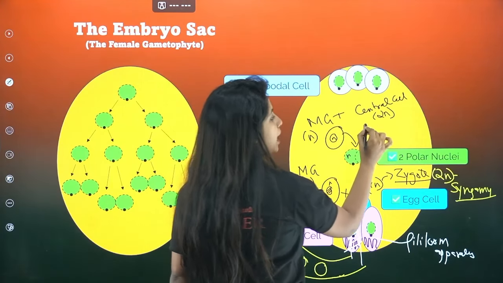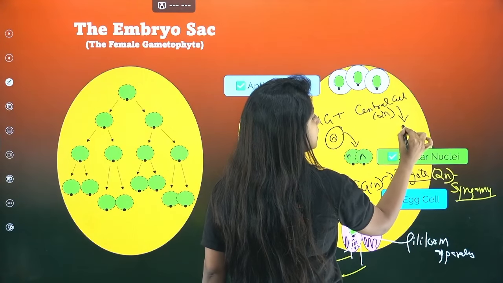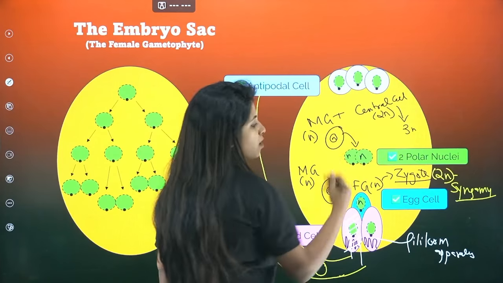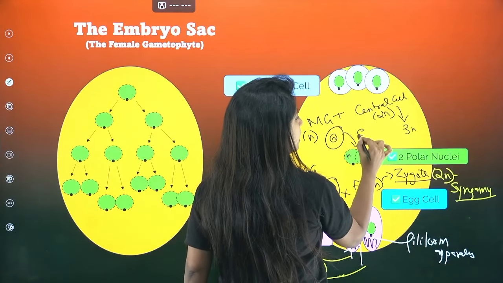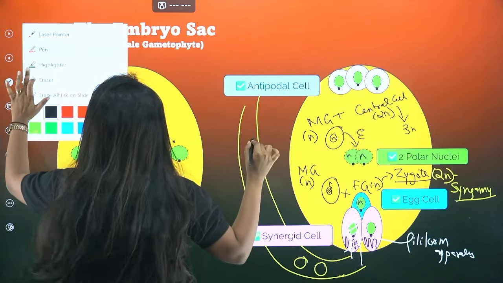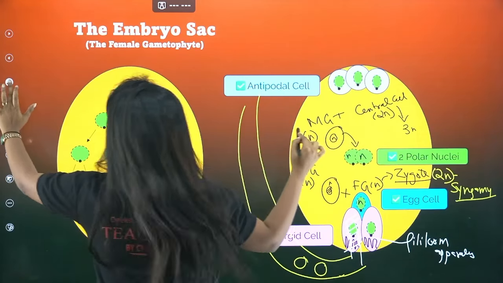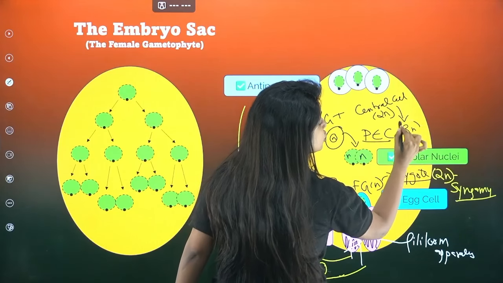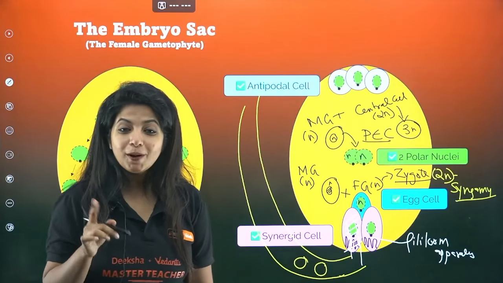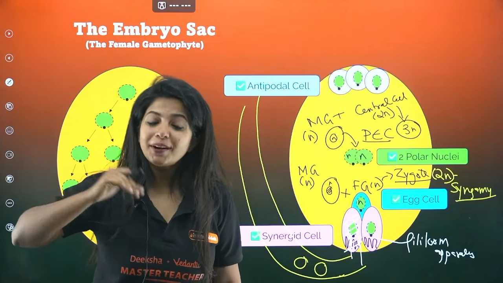Now n plus 2n will give rise to 3n. And what is this structure being formed? Here you called it a zygote. What do you call this? You call this the primary endosperm cell, which is triploid in nature, not diploid, not haploid. It is triploid in nature.